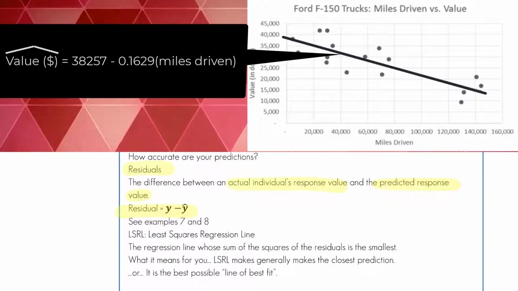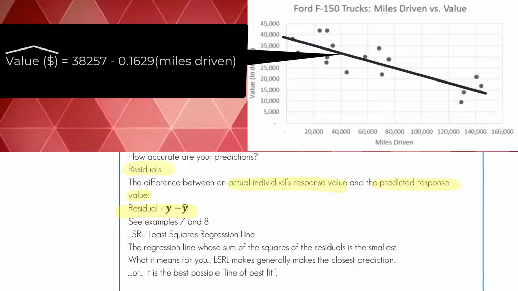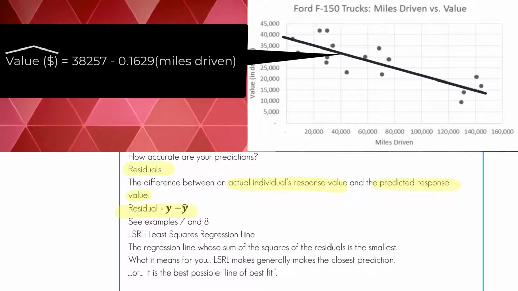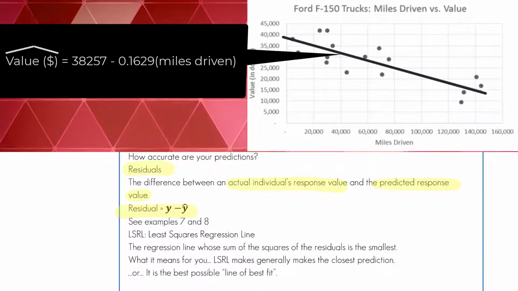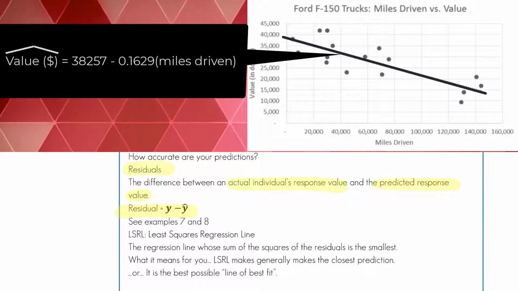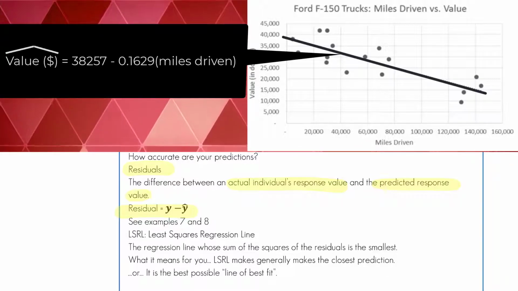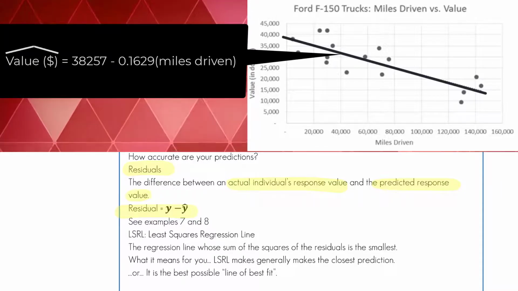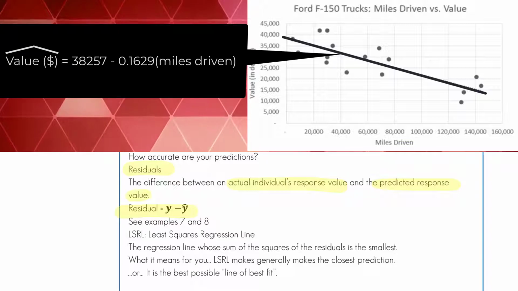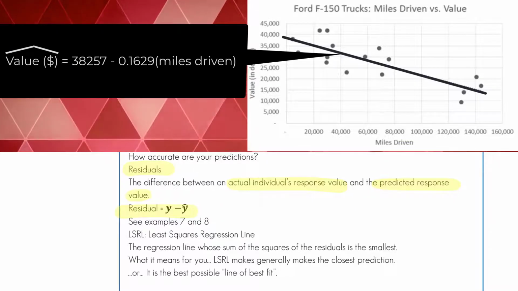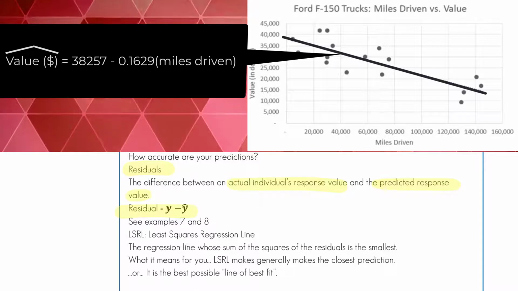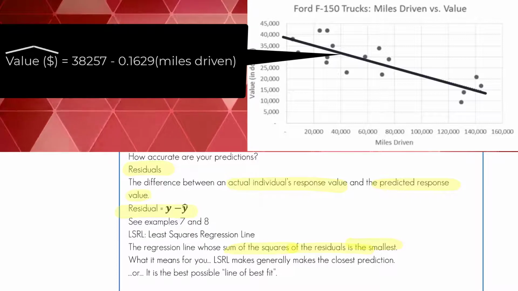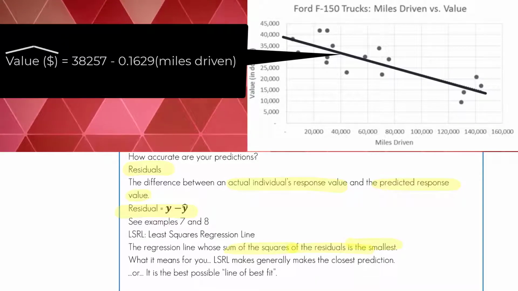The least squares regression line tries to minimize the residuals. That's its purpose. That's what it does. When we plug all of this information into a two variable stats calculator, it looks at tons of possible lines that would best match this set of data. What it's doing is looking for the smallest value of the residuals. Now, it's fairly complicated what's actually happening here, but by definition, the least squares regression line is the regression line whose sum of squares of the residuals is the smallest, hence least squares regression line.